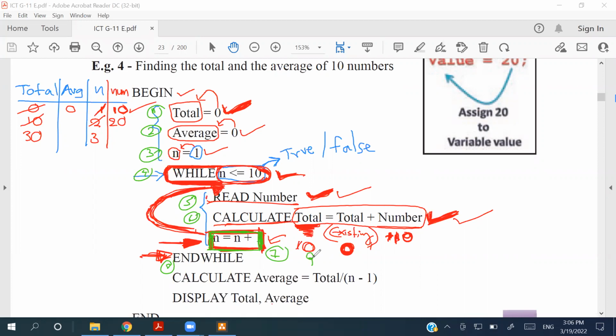Oh yes, I got an answer. Yes, it's going to be on line number 4. So now when it has reached this point, it is going to reach the next point.